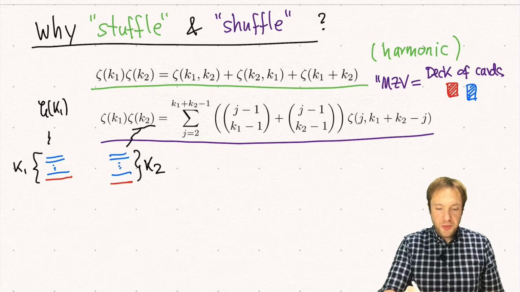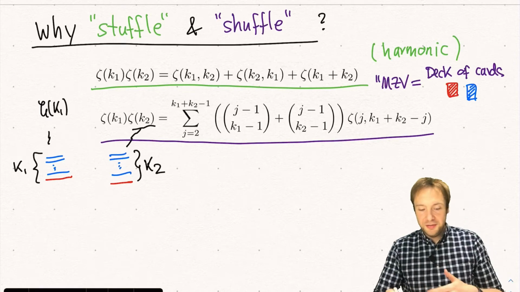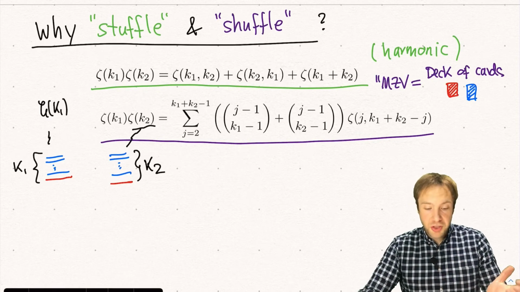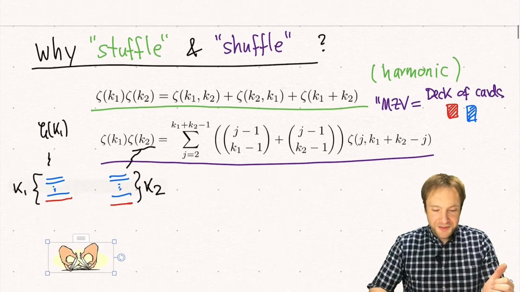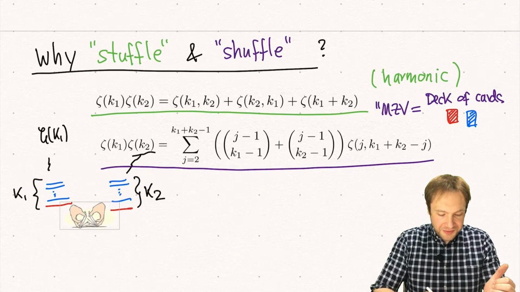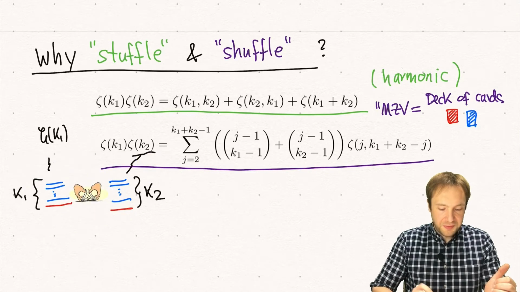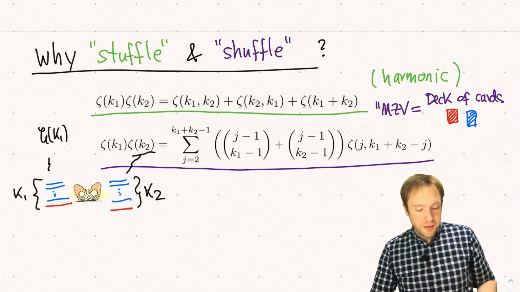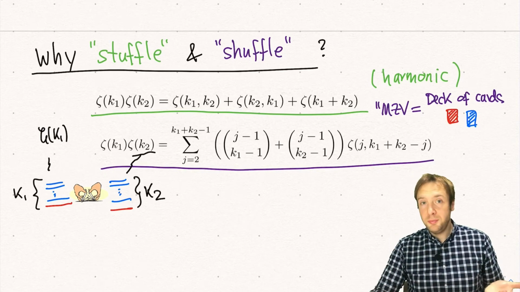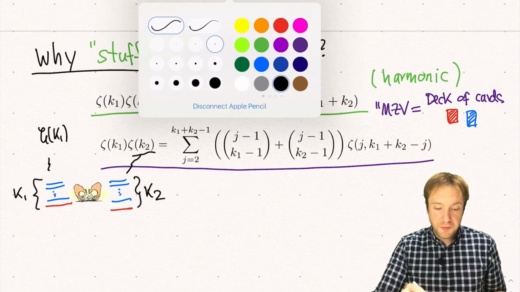And what we want to do now, the reason why this is called the shuffle product, is we want to shuffle these two decks. So you take these two decks and shuffle them into each other, and then you ask for the possible outcome of this shuffling.